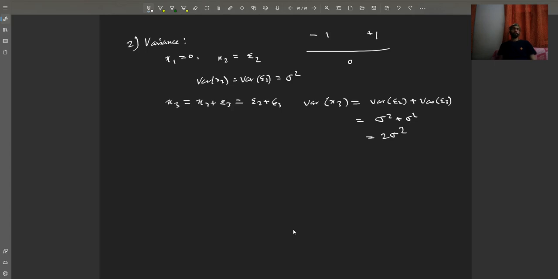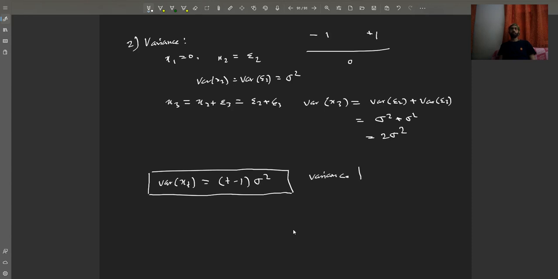Similarly, if you extend it, this becomes variance of xt is equal to t minus 1 multiplied by sigma square. This means the variance has no upper bound. It moves up as the t moves up, right? So this violates the covariance stationary condition.